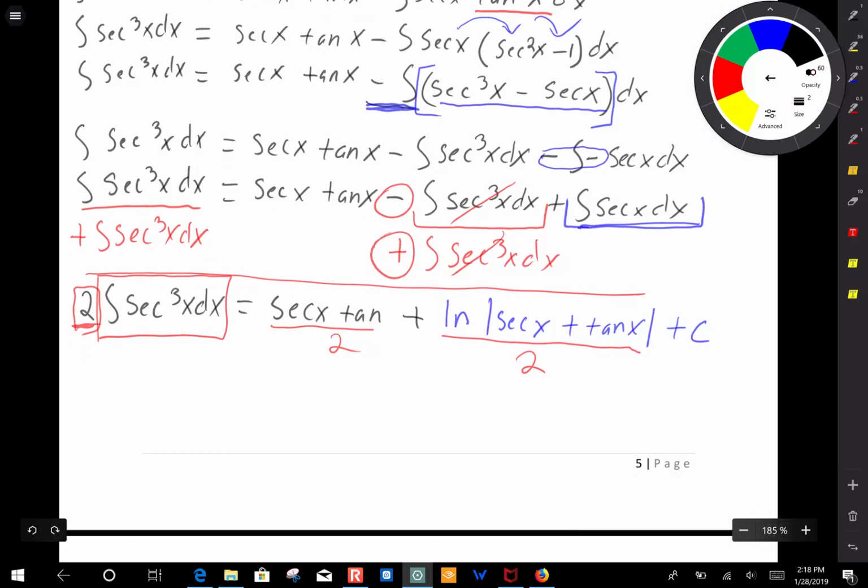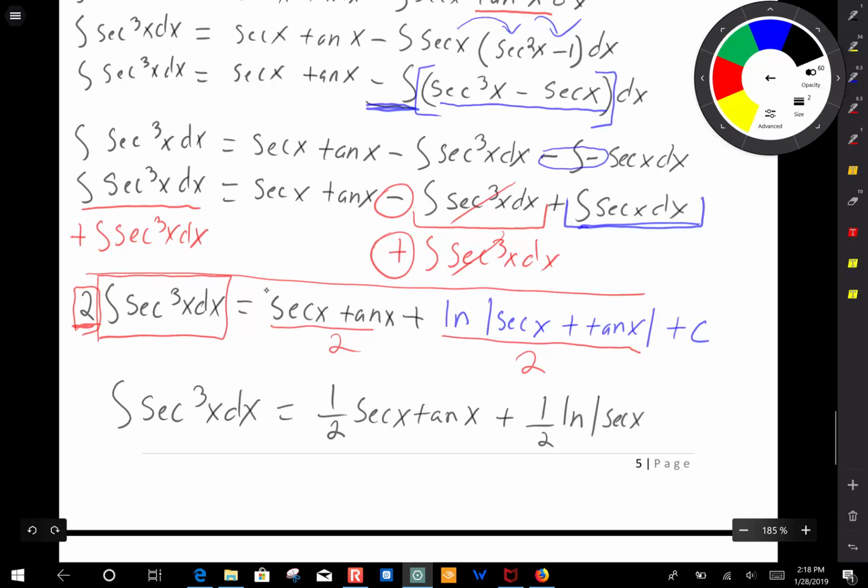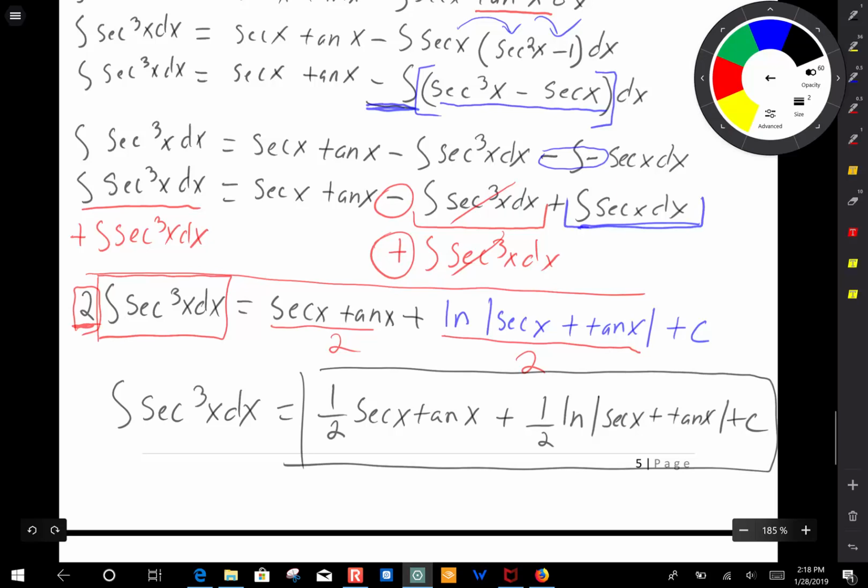So therefore, my final answer is the integral of secant cube x dx is equal to 1/2 secant x tangent x, I forgot my x here, okay, plus 1/2 natural log of secant x plus tangent x plus c. And that is my answer, okay? That's how you work this example 5.